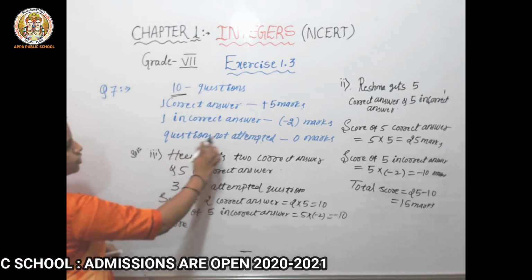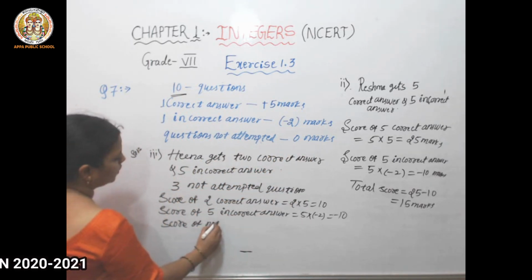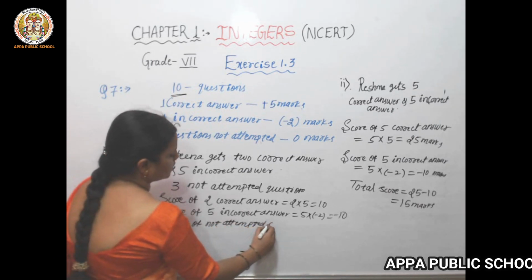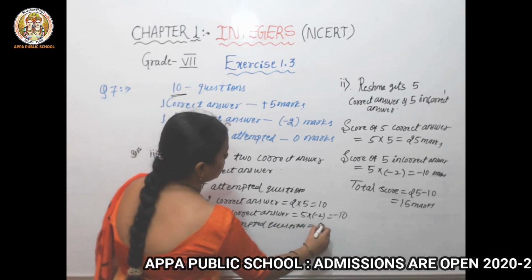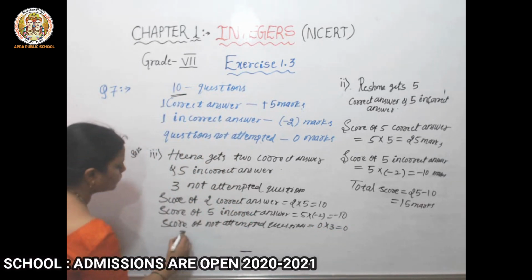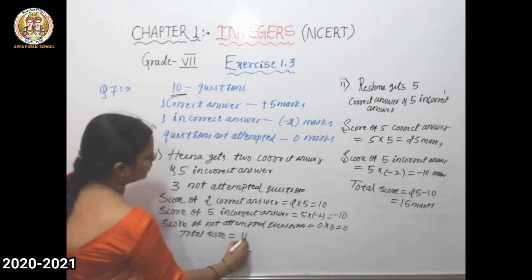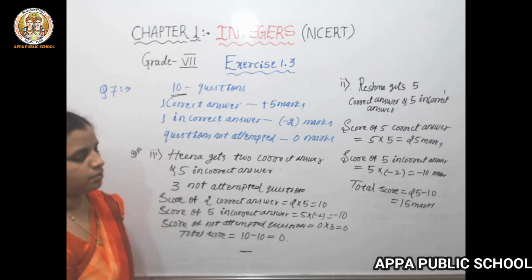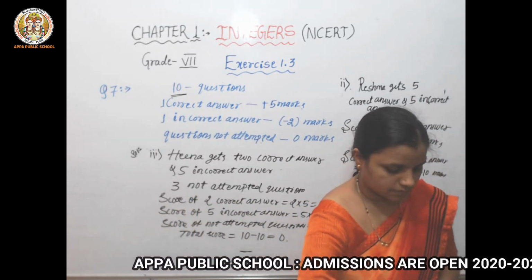As I said, for a question not attempted we give 0 marks. So it is 0 into 3, which is 0. Then the total score is 10 minus 10, so what is the score of Hina? It is 0. And the last question of this exercise, the 8th one.